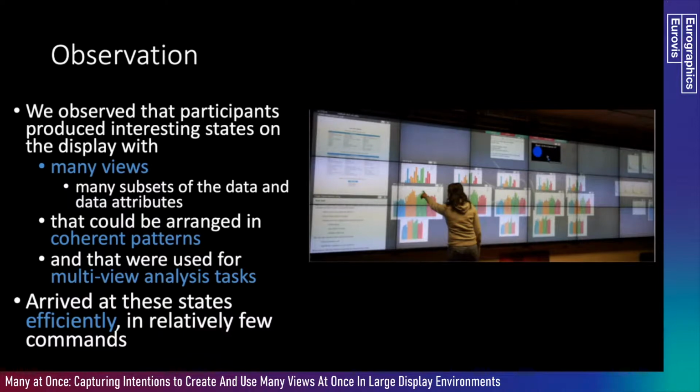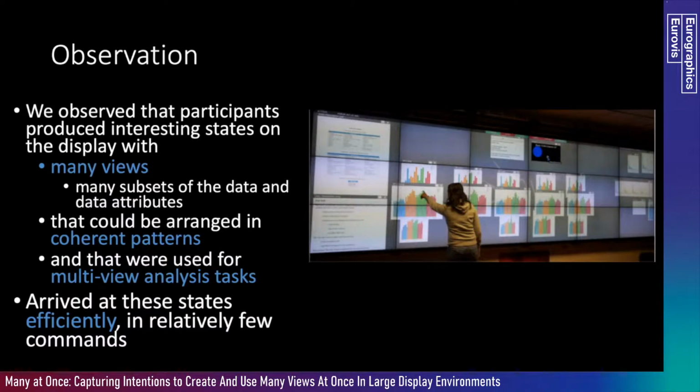The core observation that drove our analysis approach was that in many cases, participants were able to produce interesting states on display that featured many views of their data, specifically many views that showed different portions of the dataset, different subsets, and different data attributes.